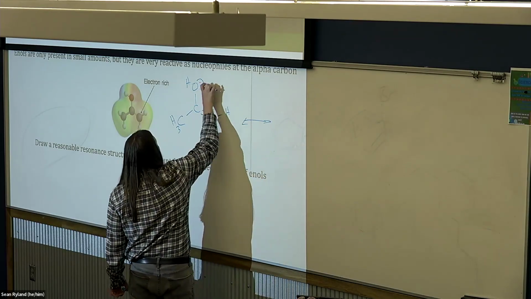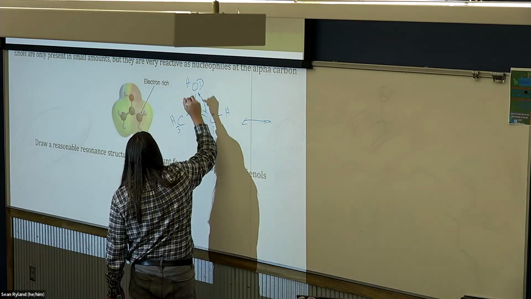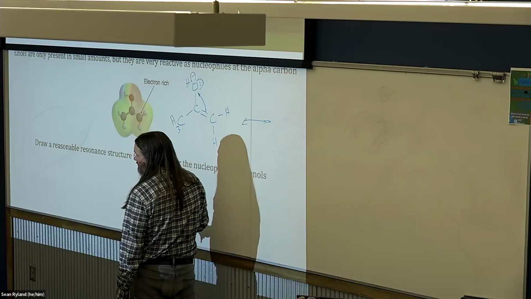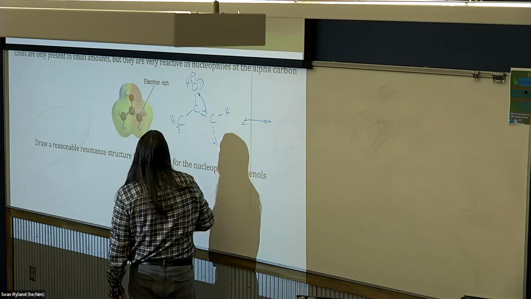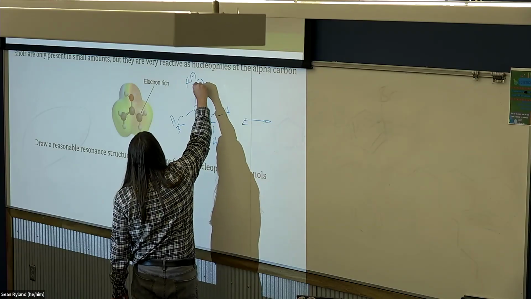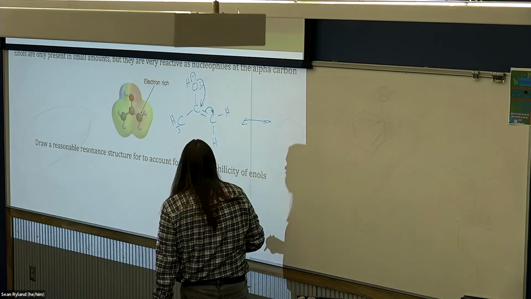You can't really go the other way, the double bond can't go towards the oxygen because that oxygen already has 8 electrons. So the lone pair is going to move towards the pi bond, and the pi bond moves away from it.